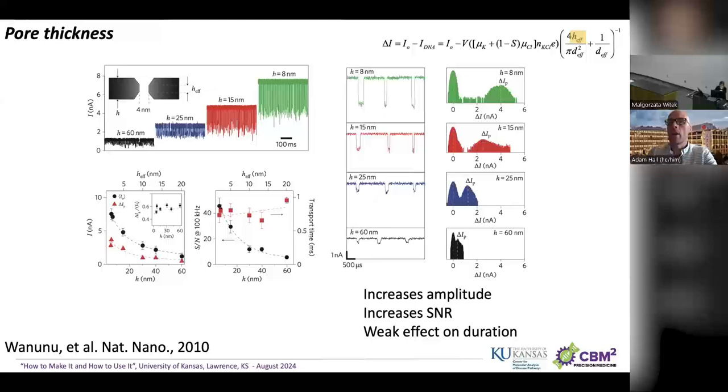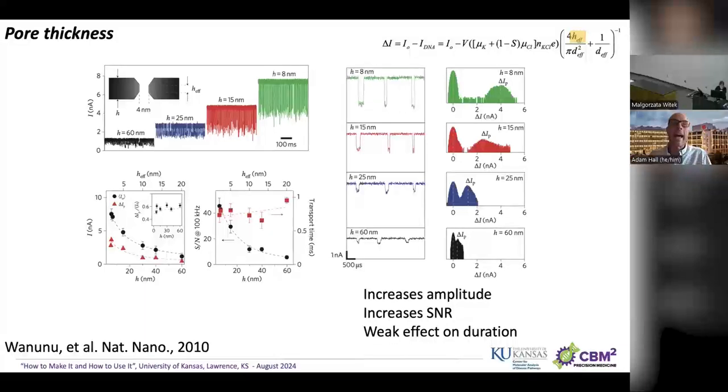And just to give everybody some context, there actually has been some work. This goes down to an 8 nanometer thick membrane. There's been work where people have used individual layers of graphene, so one atom thick, right? And when you get down there, they expected the amplitude to be enormous, the signal to noise ratio to be huge, that we'd be living the dream.